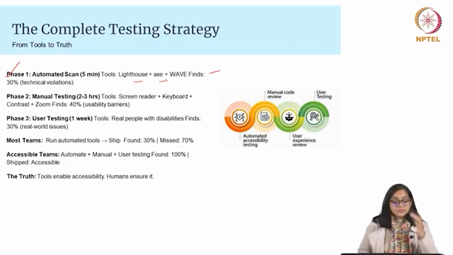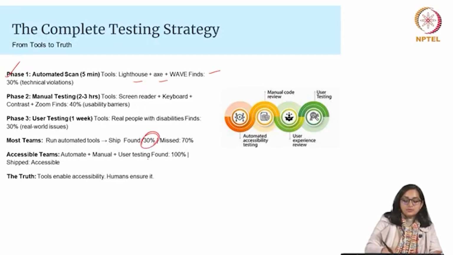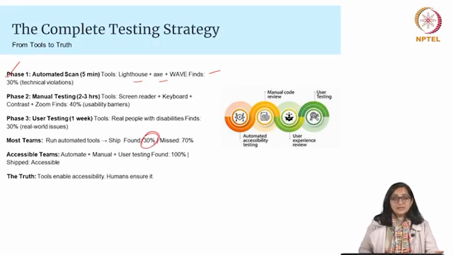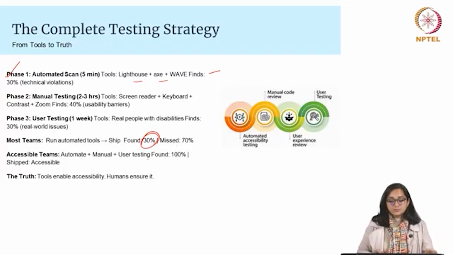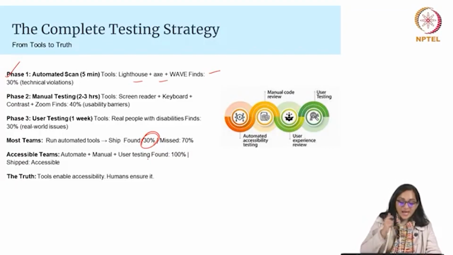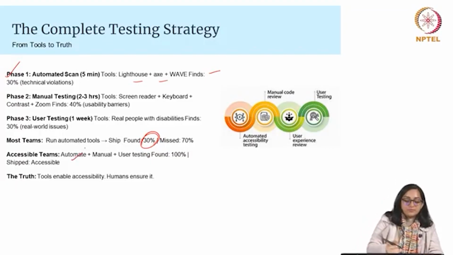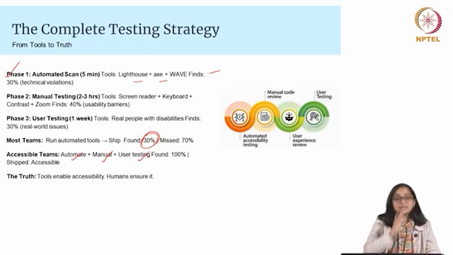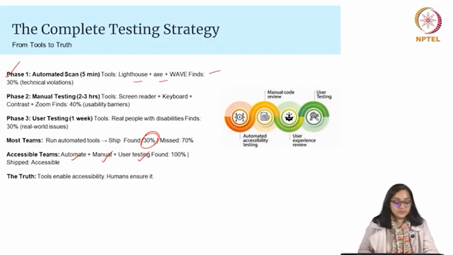Most teams run automated tools and then ship. But in that scenario, you are getting to know about only 30% of the problems, and you're missing out on the remaining 70. But accessible teams use automated tools, manual testing, and user testing, and then they are able to find all the 100% of the accessibility issues.